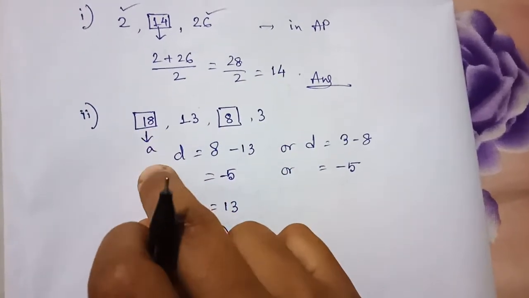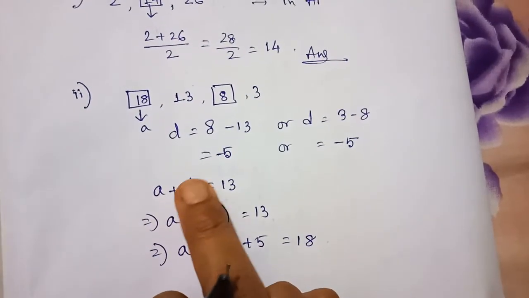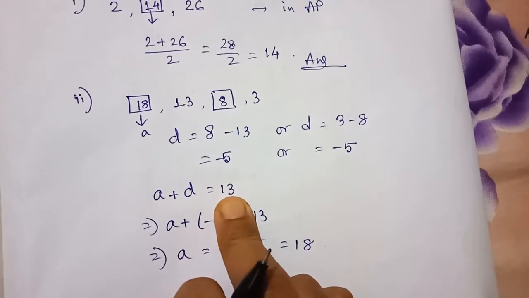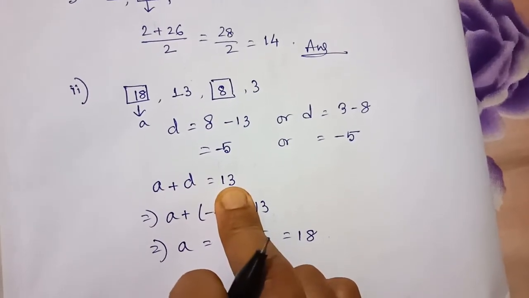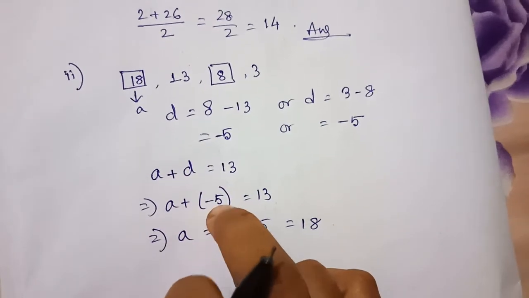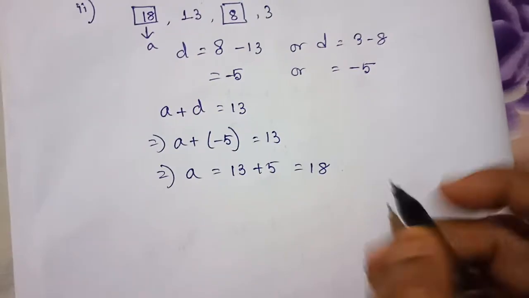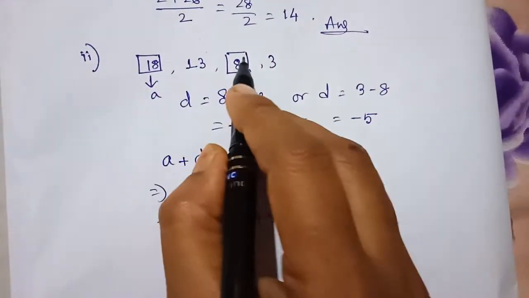Now if this one is A, the first term, then A plus D equals the second term, that is 13, given in the question. A plus D's value is minus 5, so A equals 18, and this is the answer. So these two will be there in the boxes.